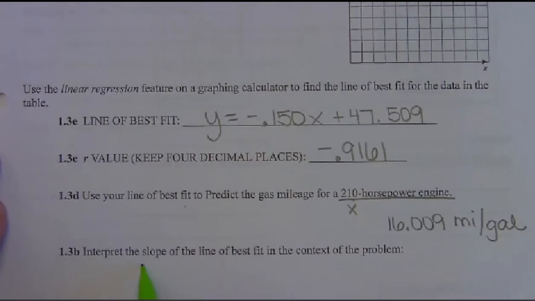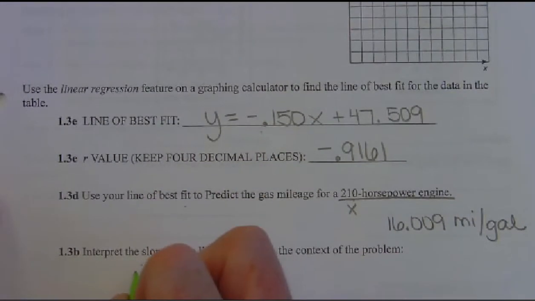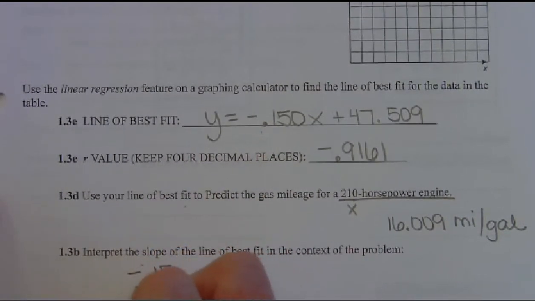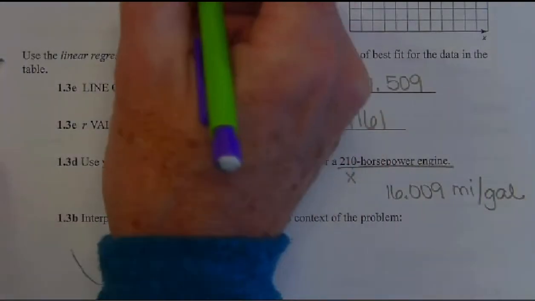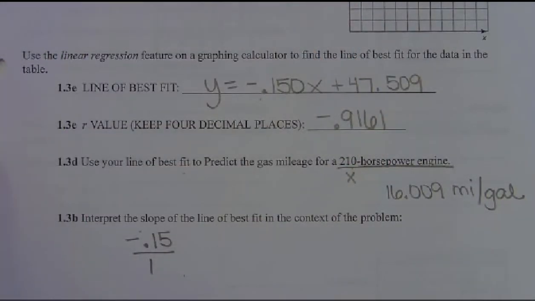Interpret the slope. So again, our slope this time was negative 0.15 over 1. Remember that the top is always your change in y's, and the bottom is always your change in x's. So our change in y's was our mileage, and our change in x's was our horsepower.